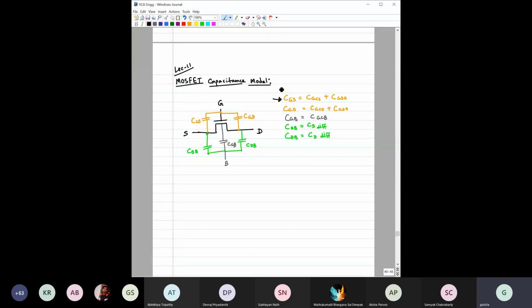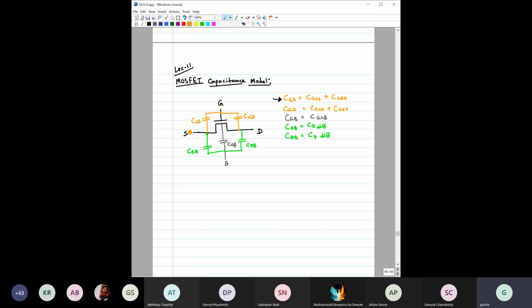And if you have understood the earlier discussions, then these things are pretty easy. For example, let us see this CGS, the gate to source capacitance. Clearly it comprises two capacitances. One is CGCS, the gate to channel capacitance contribution on the source side, and the other is the gate to source overlap capacitance.